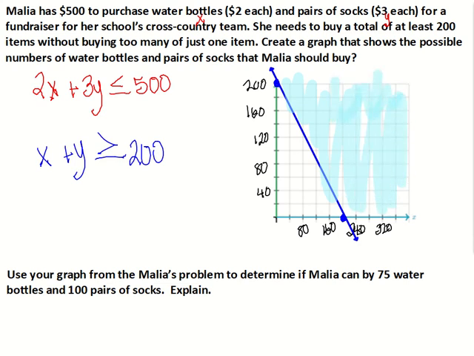Now for the red line, we can, again, either do it in slope intercept form or just use our intercepts. Now, dividing by 3 is not as perfect. It comes out as an awkward y-intercept. It's just slightly over 160, right?